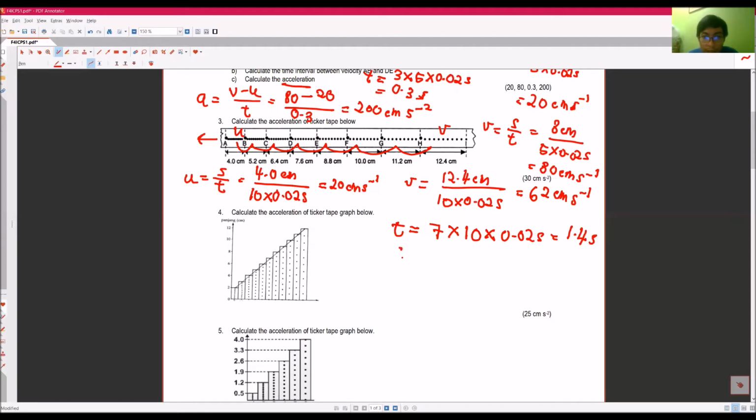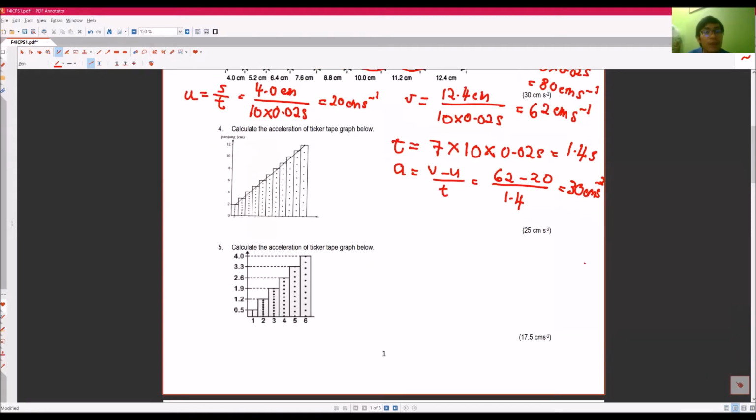So we plug into the formula v minus u over t, 62 minus 20 divided by 1.4, we got 30 cm s^-2. That's the acceleration for ticker tape number 3.